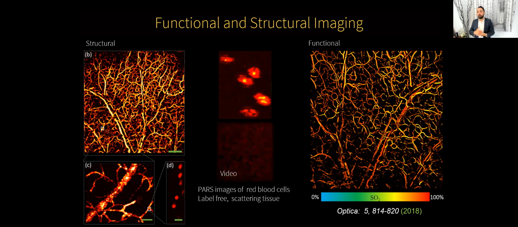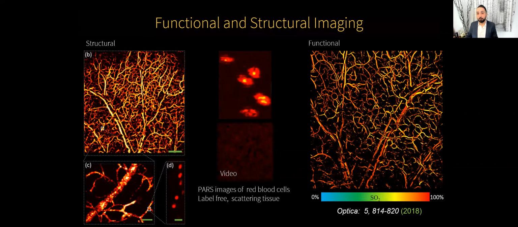So we can distinguish vein from artery, or figure out which part is more oxygenated and which part is less oxygenated. Huge for oncology and ophthalmology applications, which I'm not going to go through a lot in this talk, but I'll let you think about it.